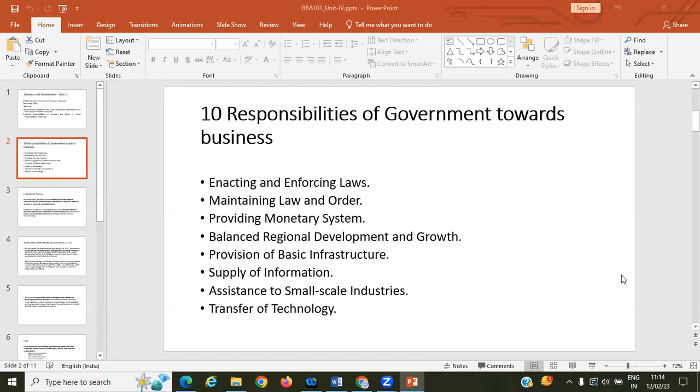Bank is one thing we understood, and law and order, infrastructure, technology, information. So these are the basic and common things you can understand.